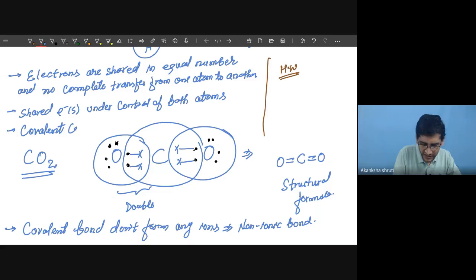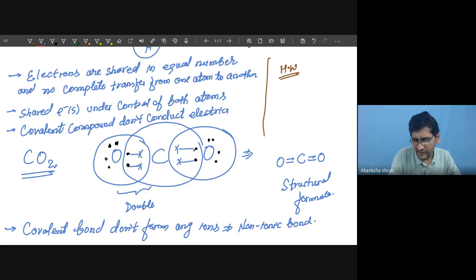A covalent compound is non-ionic, so it does not conduct electricity. Whatever I have explained earlier, electrovalent and covalent, the differences you can analyze.